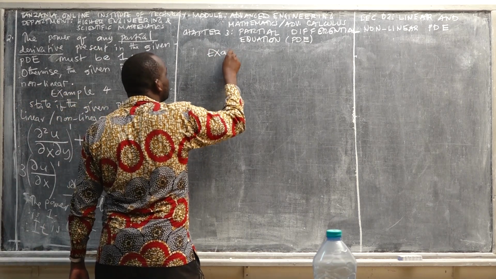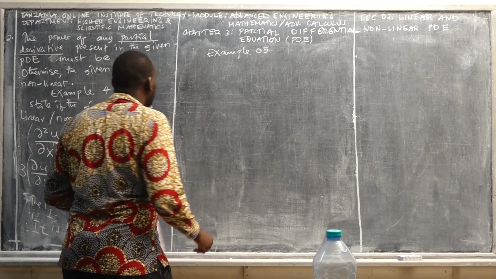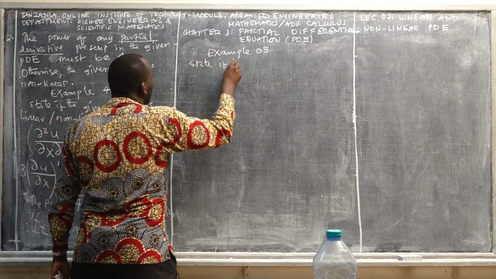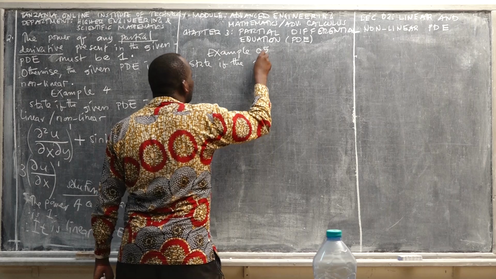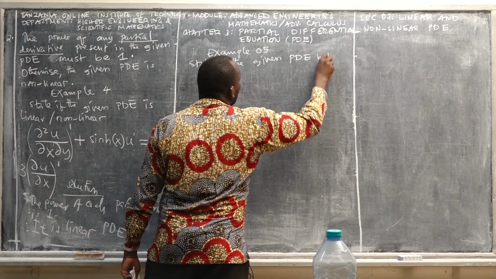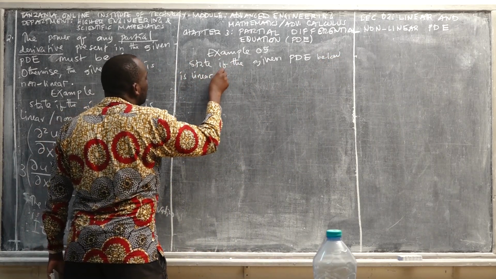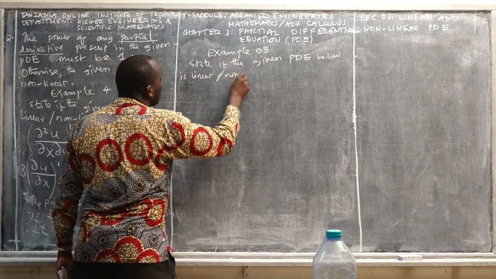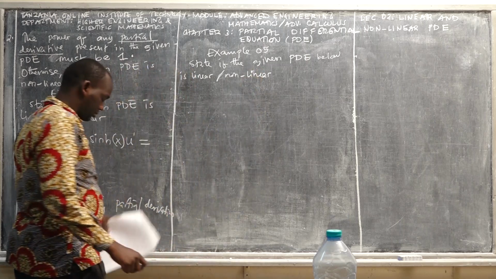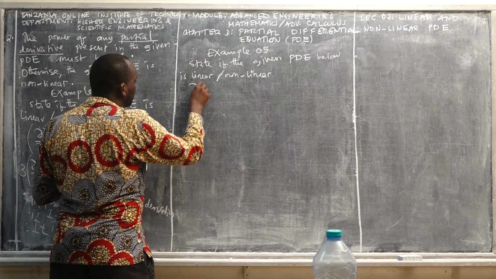Example 5. So state if the given partial differential equation below is linear or non-linear. So what's that partial differential equation? It's this one.